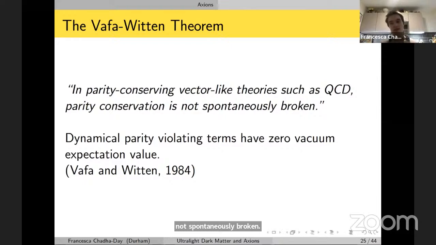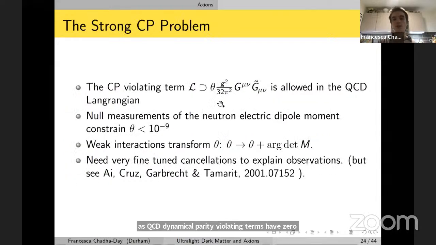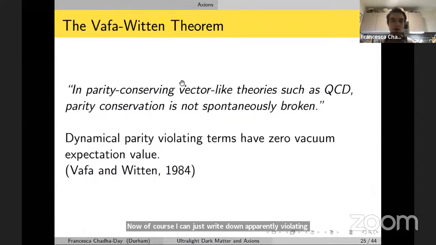Another way of saying this is that in theories such as QCD, dynamical parity violating terms have zero vacuum expectation value. Now, this theta term would also break parity as well as CP. Of course, I can just write down a parity violating term. That's fine. That doesn't go against the Vafa-Witten theorem, because it's only dynamical parity violating terms that have zero VEV.